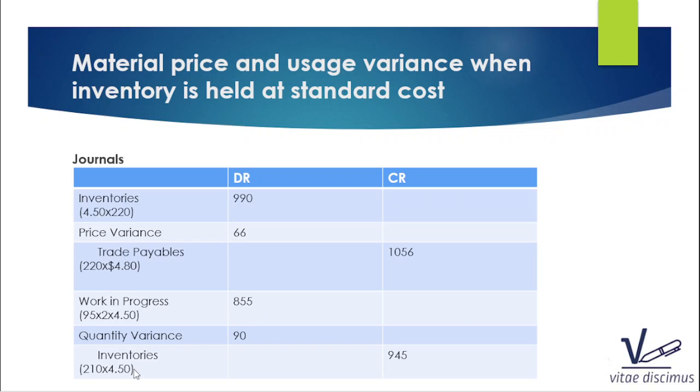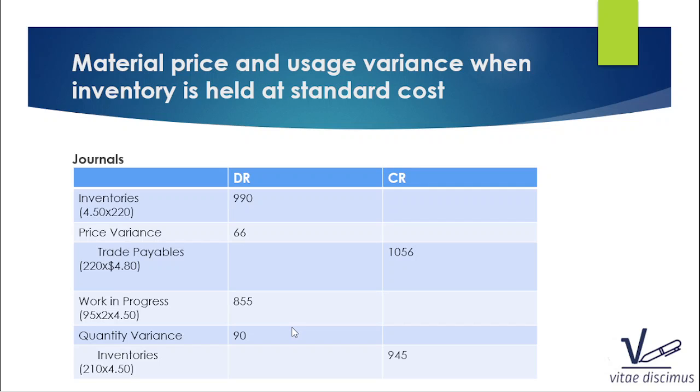However, from our inventories we have actually used 210 kilograms at $4.50, which gives us $945. There is a difference, because compared to what we should have used, we overused by $90, since we used more material than we expected to use.